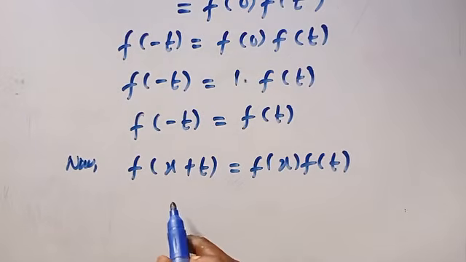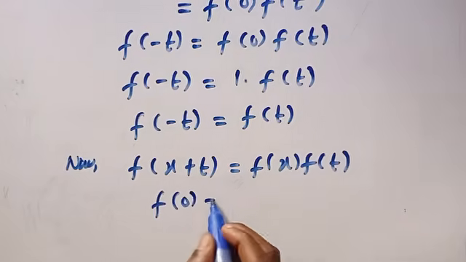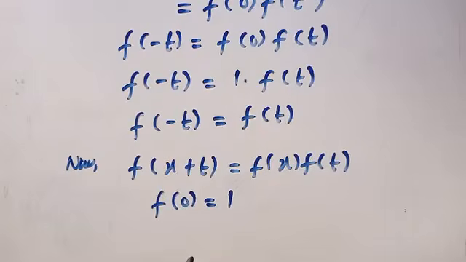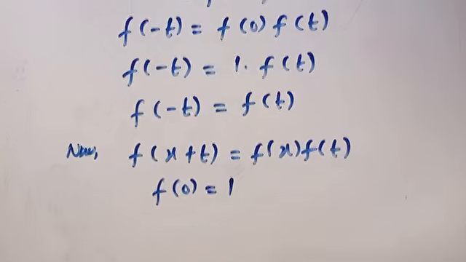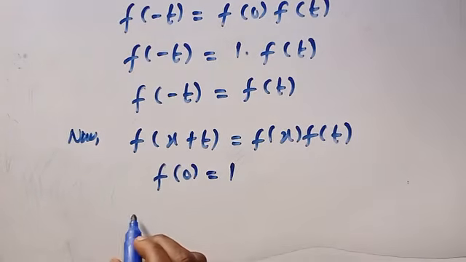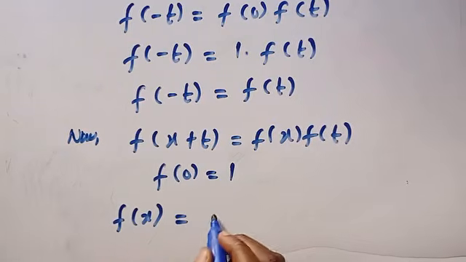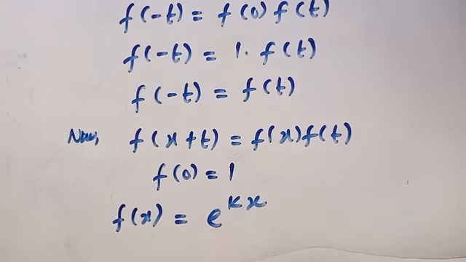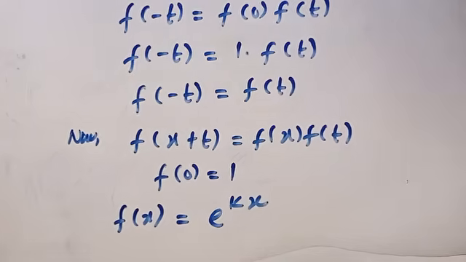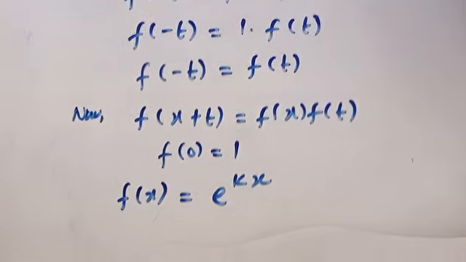So this shows that this is a Cauchy exponential equation, when we have f of 0 equals 1. If you want to consider the continuous non-zero solution for this, assume that f of x is an exponential function, e to the power of kx, where k is a constant.